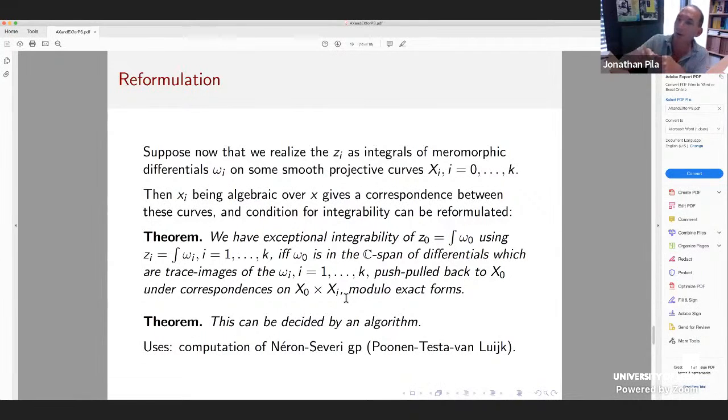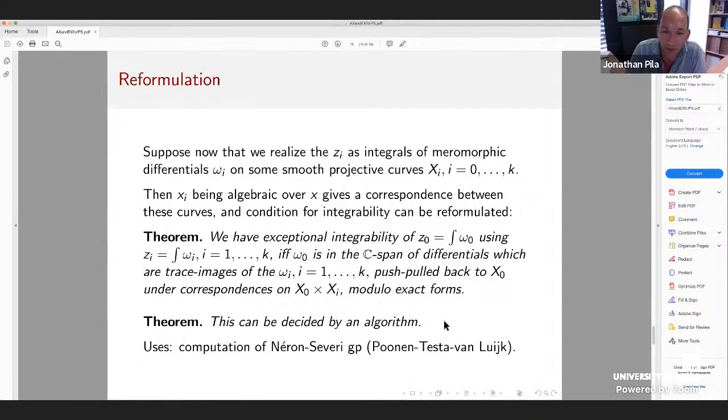So from x naught, you look to each of your curves xi. You look at all the ways you can pull back the differential omega i, pull it back and push it under the correspondence. And then you ask whether omega naught is in that C-span, and this can be decided by an algorithm.